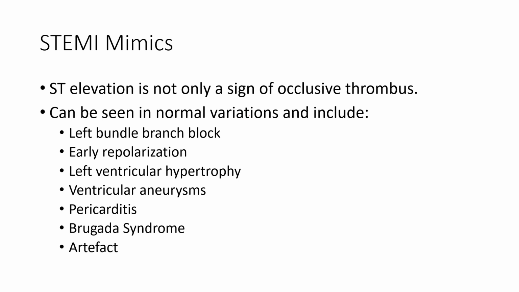So your left bundle branch block, early repolarization, ventricular hypertrophy, pericarditis, so widespread ST elevation in almost all leads. With chest pain, consider potentially pericarditis as well. Artifact, so the patient's moving.